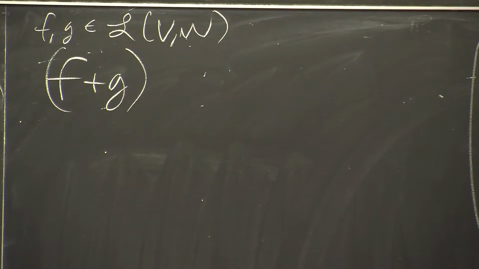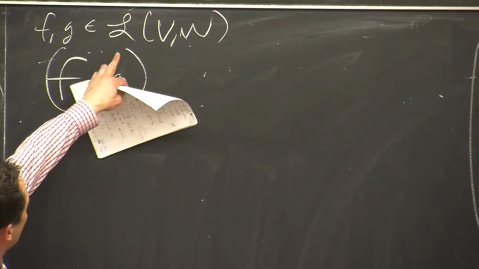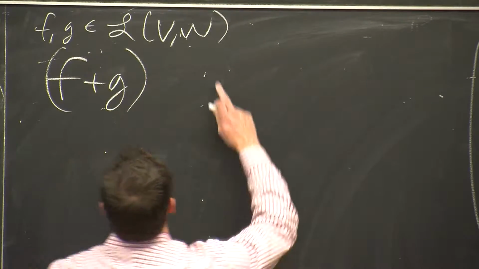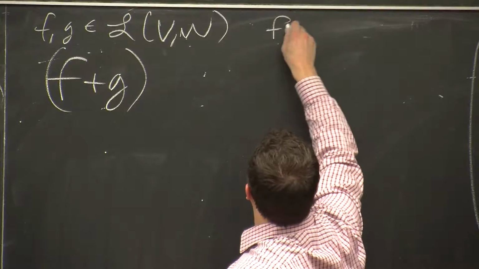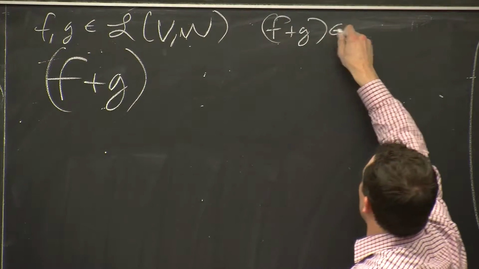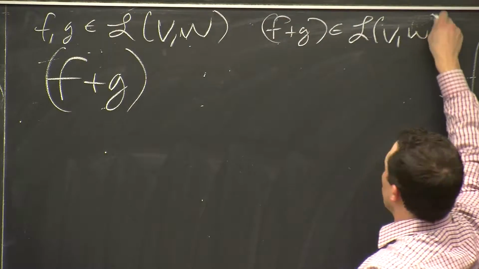There's other notations that we'll talk about as well for the space of linear maps. F and G are linear maps from V to W, and so we want F plus G to also be a linear map from V to W.